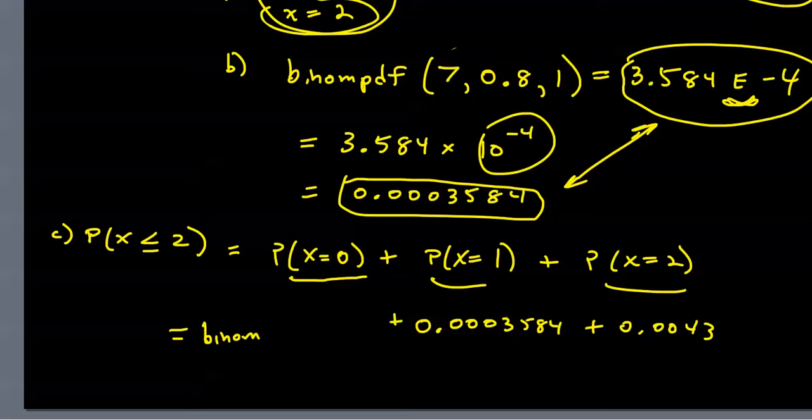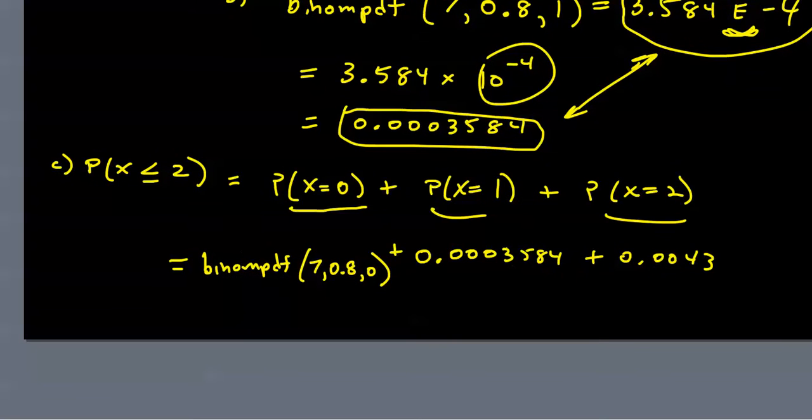You'll need binom PDF 7, comma 0.8, comma 0. So if I punch this out on my calculator, now, I'm going to need more room here. I have to switch to a new screen, unfortunately. Give me a second.